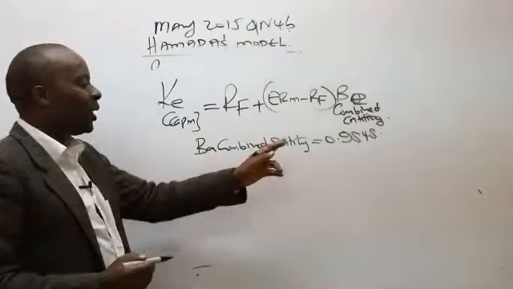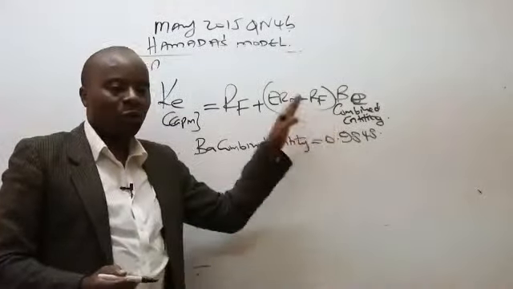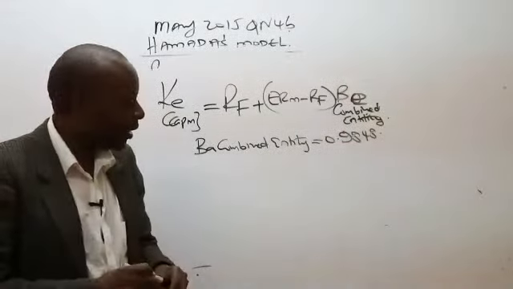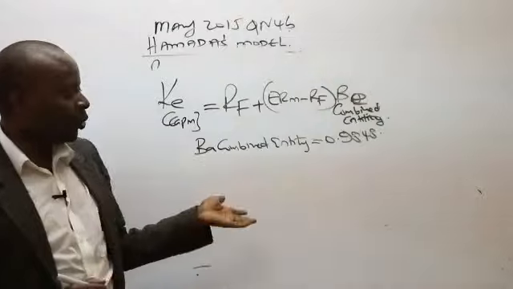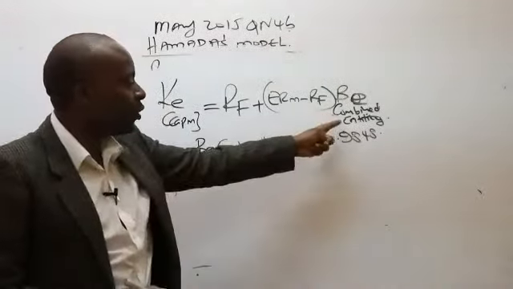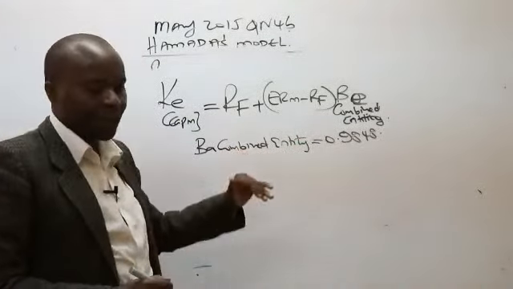But they want me to give them beta equity of the combined entity. So what should I do? Can somebody tell me what I should do to get beta equity of the combined entity from this beta assets?